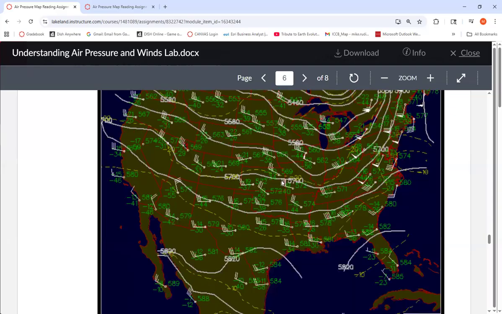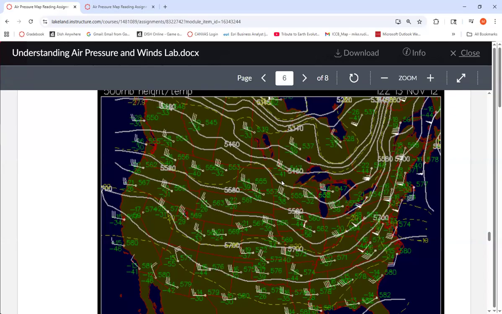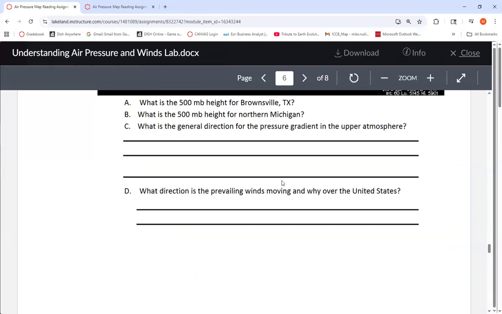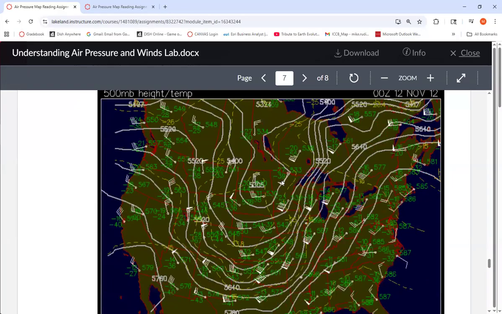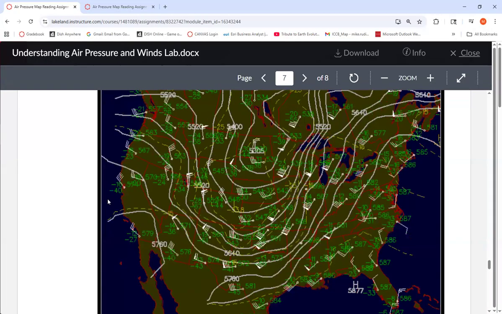So you have to answer some basic questions. If you look at this date, this was the way the 500 millibar map looked. Then a day later, the 500 millibar map changed dramatically. Instead of the 500 millibar pressure lines all moving straight west to east, they're now making massive loops north and south, all right?